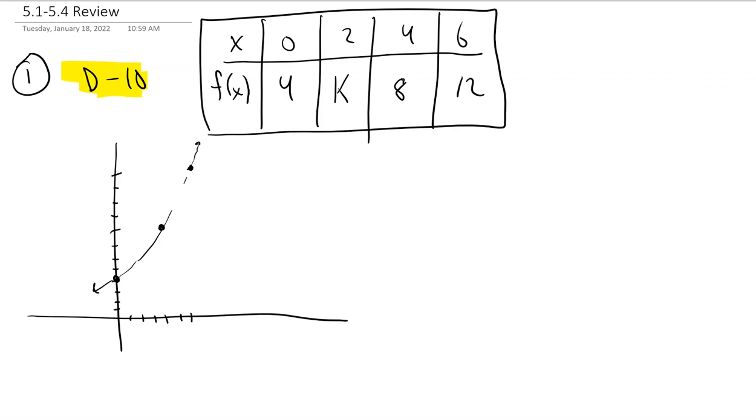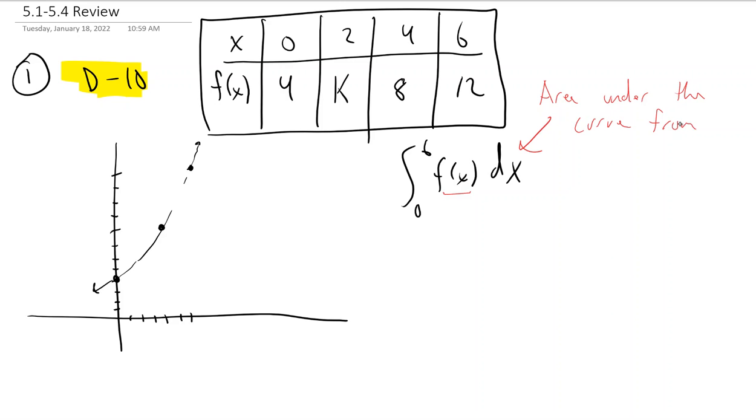But I'm supposed to approximate the integral from 0 to 6 of f of x dx. So if you had trouble getting started, another way to ask yourself this is, what is the area under the curve of this function from 0 to 6?